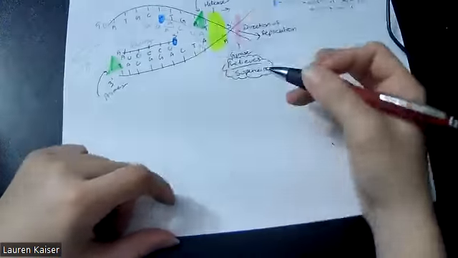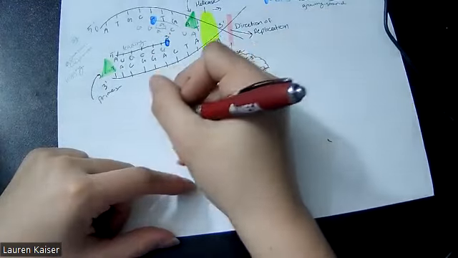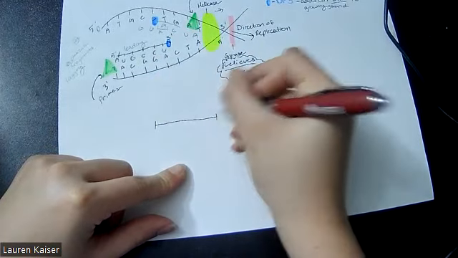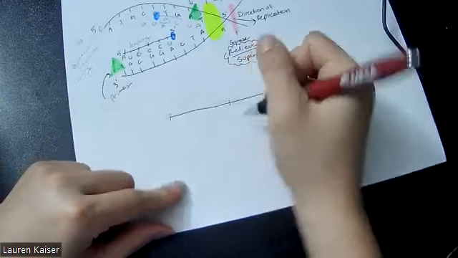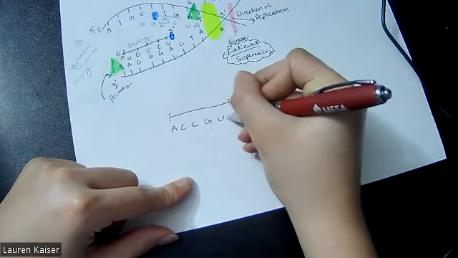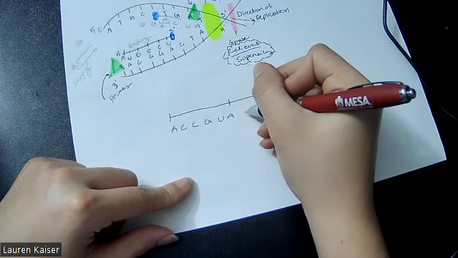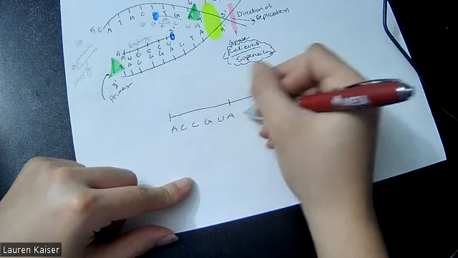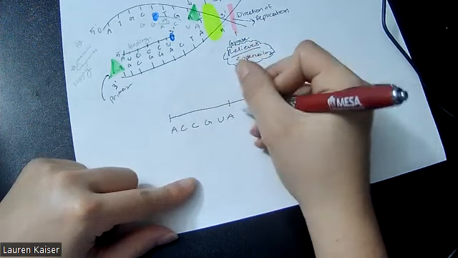Yes. So if you were given a strand, and let's say this section and then this section, it was A, C, C, G, U, A, and this section was the same strand, so they're not going to be complementary.